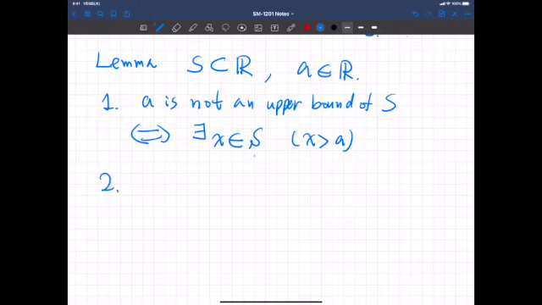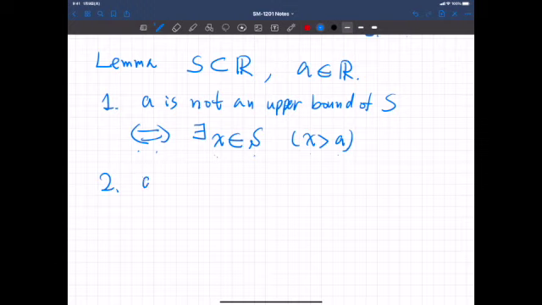And vice versa. Okay, so it's if and only if. So if you assume A is not an upper bound of S, then there is some X in S such that X is greater than A. And if there is some X in S that is greater than A, then A is not an upper bound by definition, right? So it's trivial.